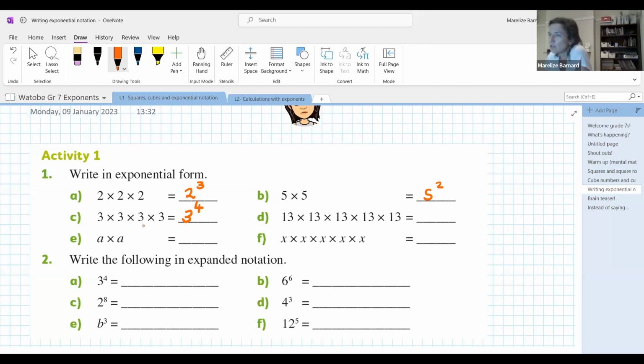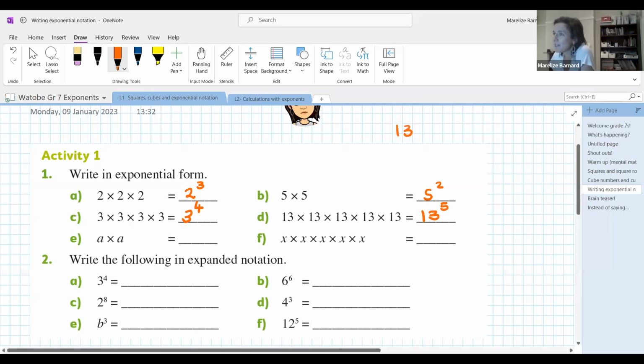Okay, so here's 13. 13 times 13 times 13, many times. So there's 13. And how many times am I multiplying it by itself? 13 is being multiplied 1, 2, 3, 4, 5. 13 to the power of 5. Now again, do not confuse this with 13 times 5. 13 times 5 is 13 groups of 5.